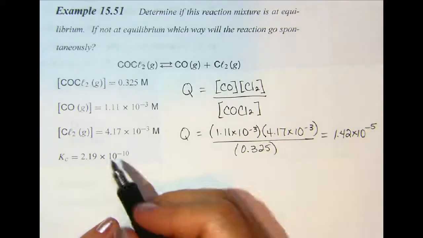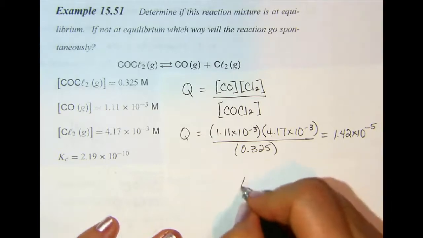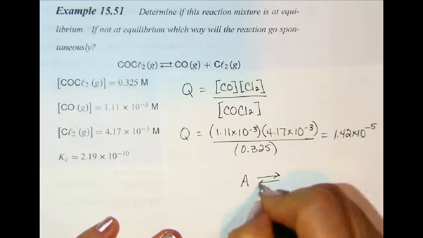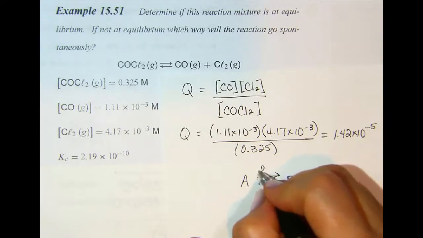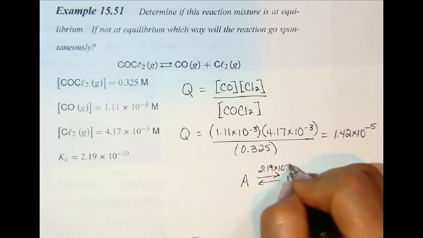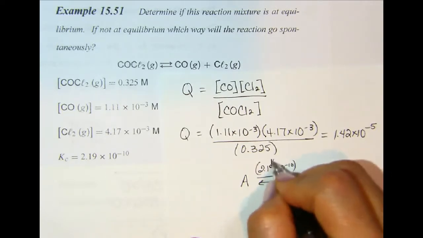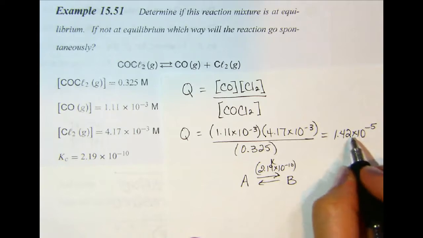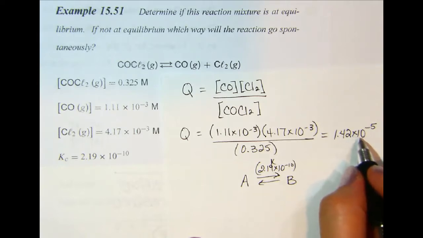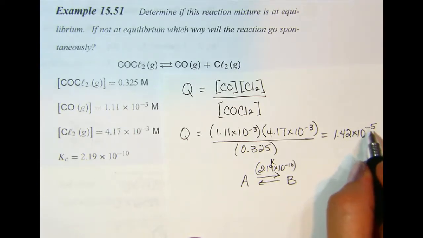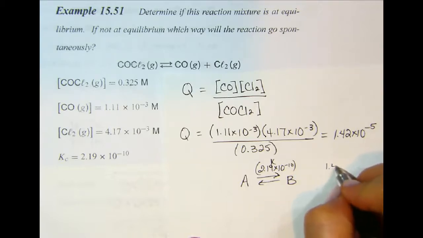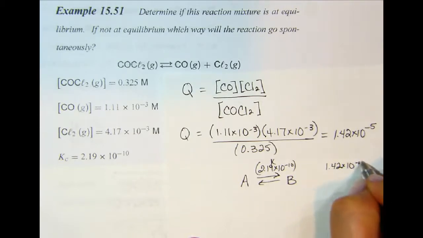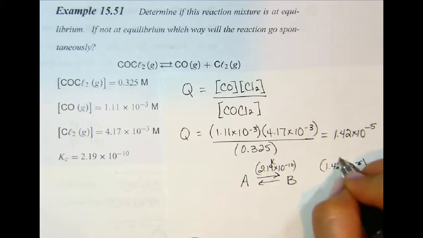Now I'm going to compare this to my K. I'll make my little generic reaction here, and K is 2.19 times 10 to the -10. That's my K. And what I have for Q is 1.42 times 10 to the -5.